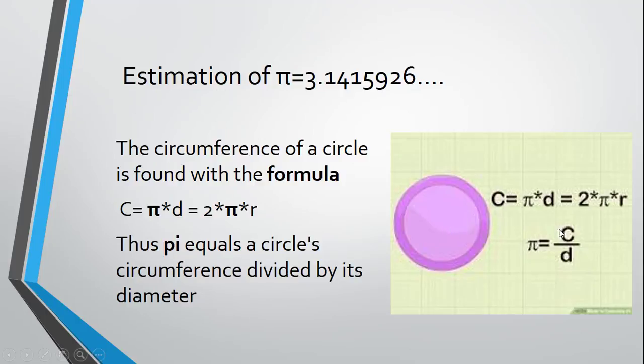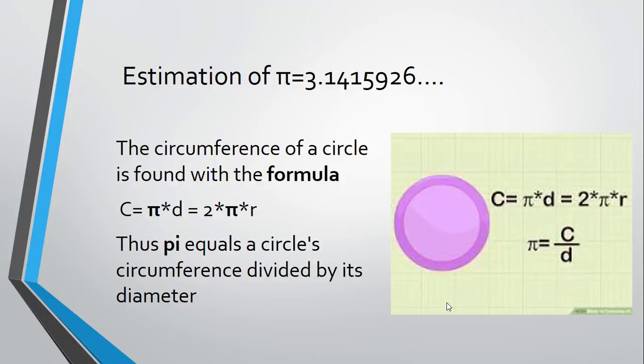If c equals pi times d, equals 2 times pi times r, then pi equals c over d. In other words, pi equals the circle's circumference divided by its diameter. That's the definition of pi.